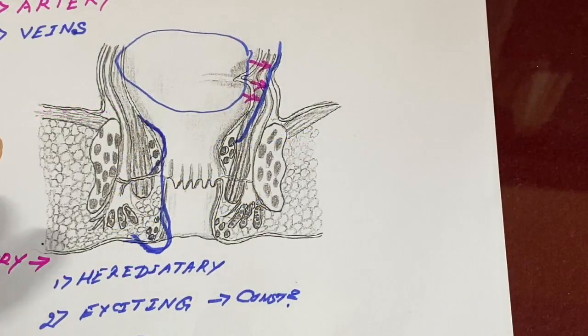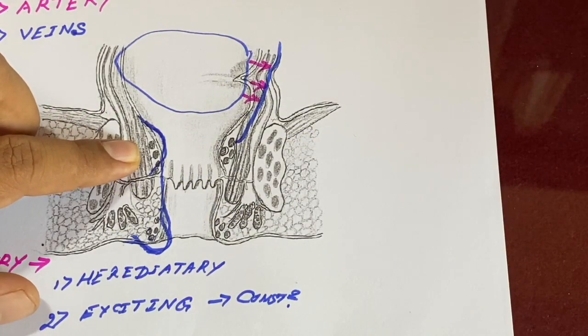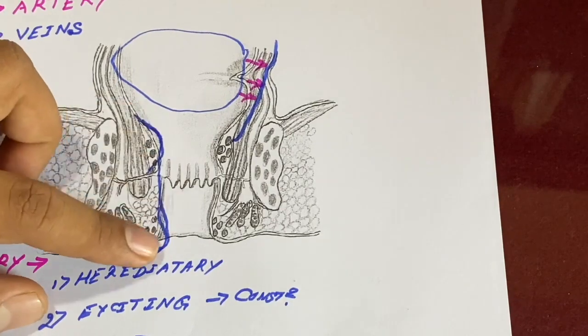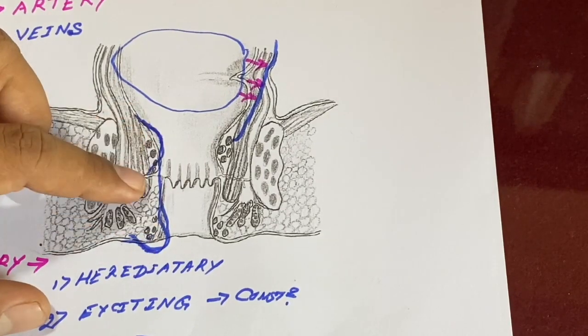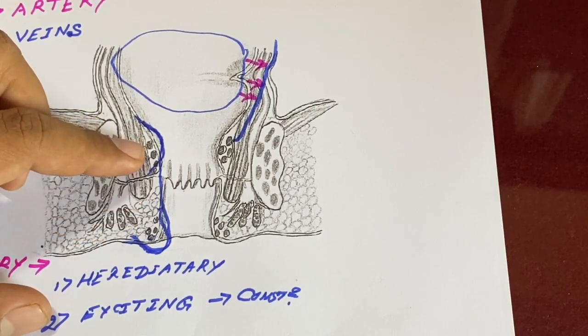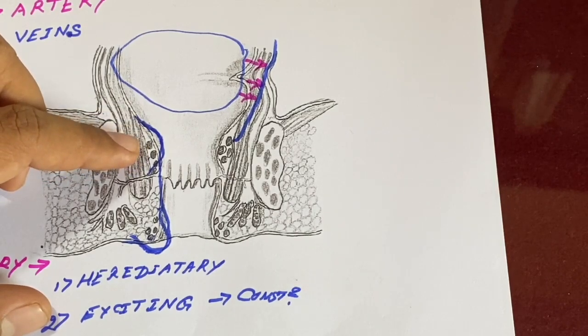As I told earlier, one is internal hemorrhoid, the second is external hemorrhoid, and sometimes both exist together, which is called internal-external hemorrhoids. Internal hemorrhoids are further classified into 4 stages. If there is only engorgement, that is first degree hemorrhoid.